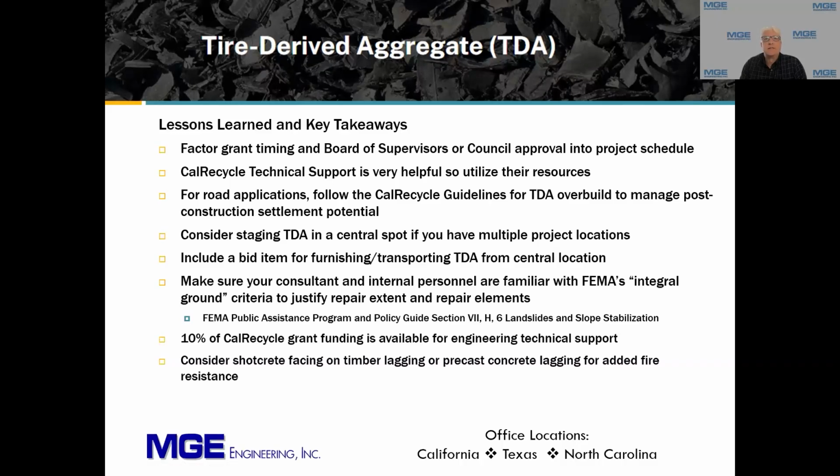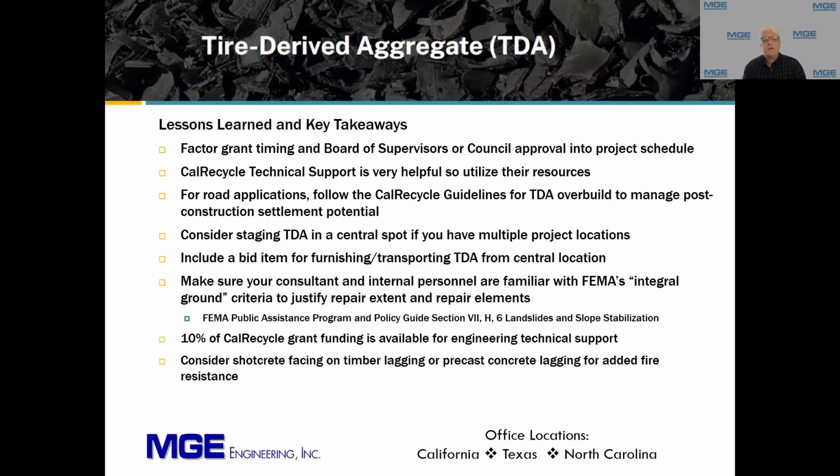So for instance, whatever the ground is necessary to support the roadway, whatever that prism is, would be defined as integral ground. And you can use that to justify a longer repair if you're looking at side slopes and excavation slopes. So that is reimbursable by FEMA.